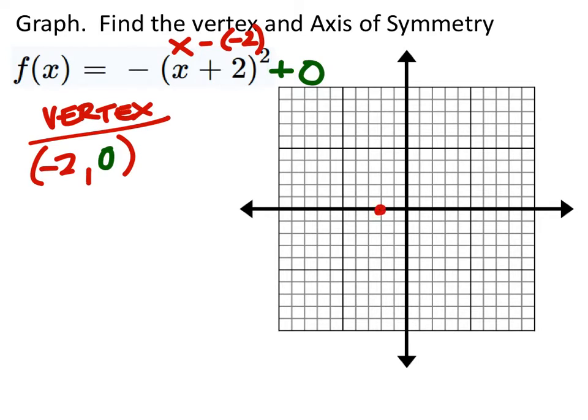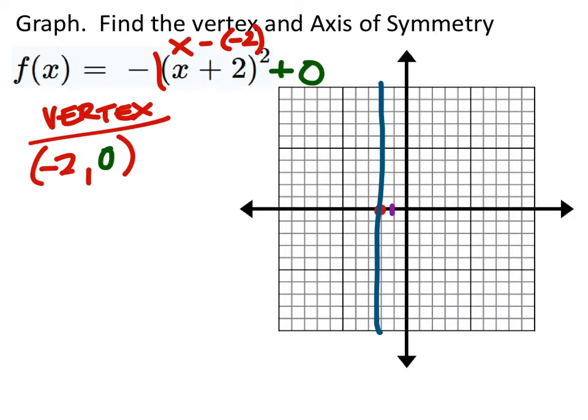Let's go ahead and throw on the axis of symmetry on the graph, maybe it'll look pretty. Now the a value that we have is negative 1, so we should expect this to open down, something like this right here. Let's find some more exact values. Let's go to x equals negative 1, and again it's symmetric, so whatever point we find will just be reflected across that axis of symmetry.